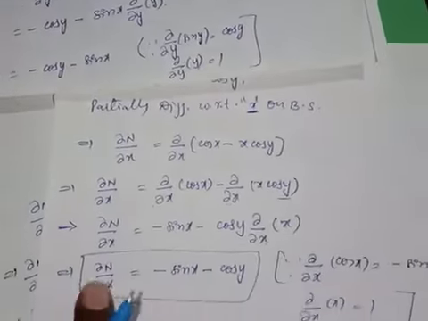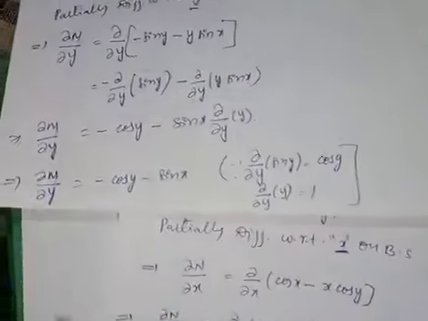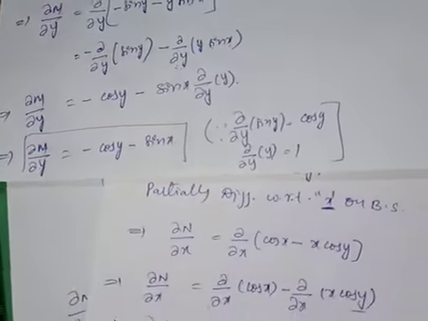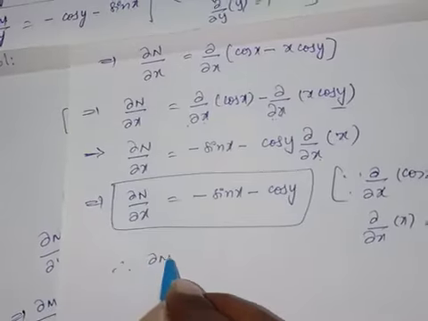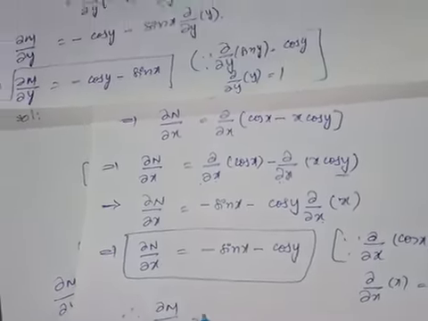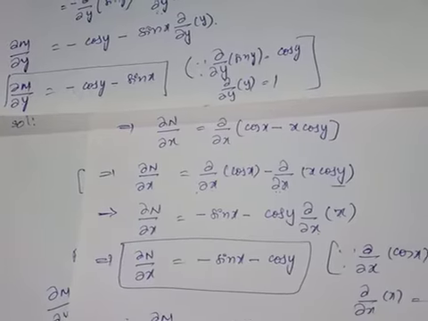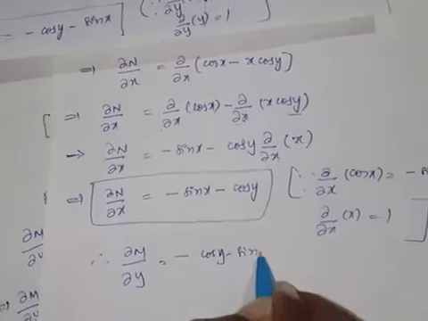So this is the ∂N/∂x value and this is the ∂M/∂y value. Let's see here. The ∂M/∂y value is −cos y − sin x.